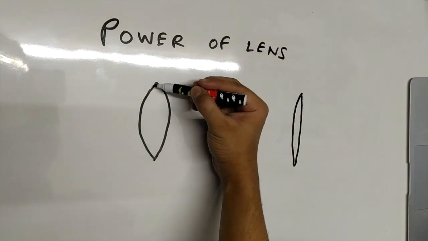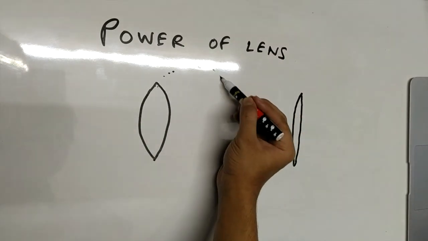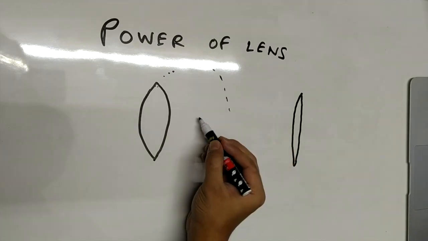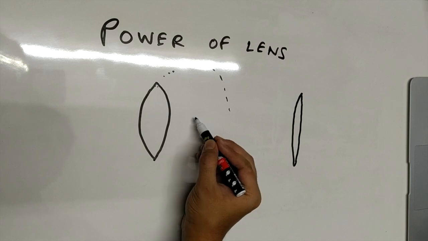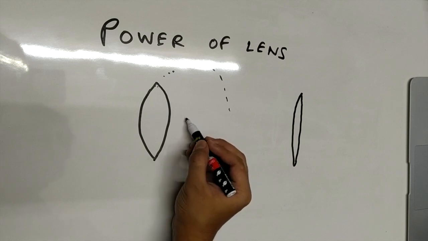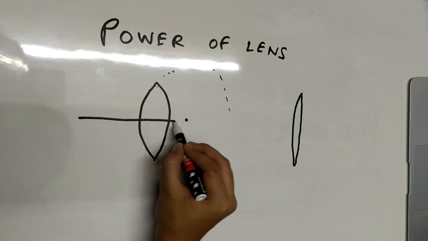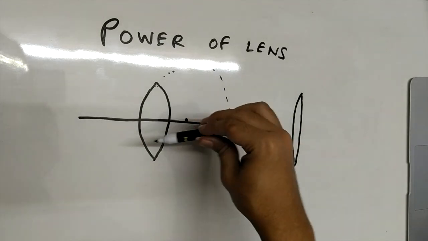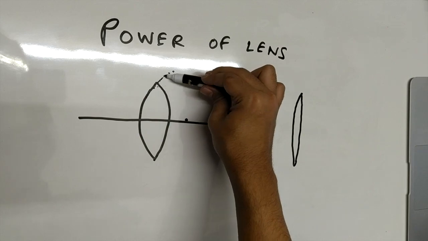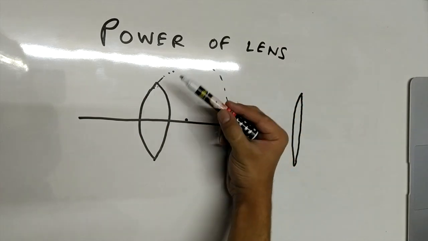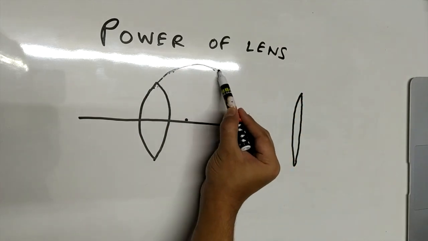This was a circle before, so the center will come nearby only. If the center is nearby, then the focus will be even nearby, correct? The focus will be here only.